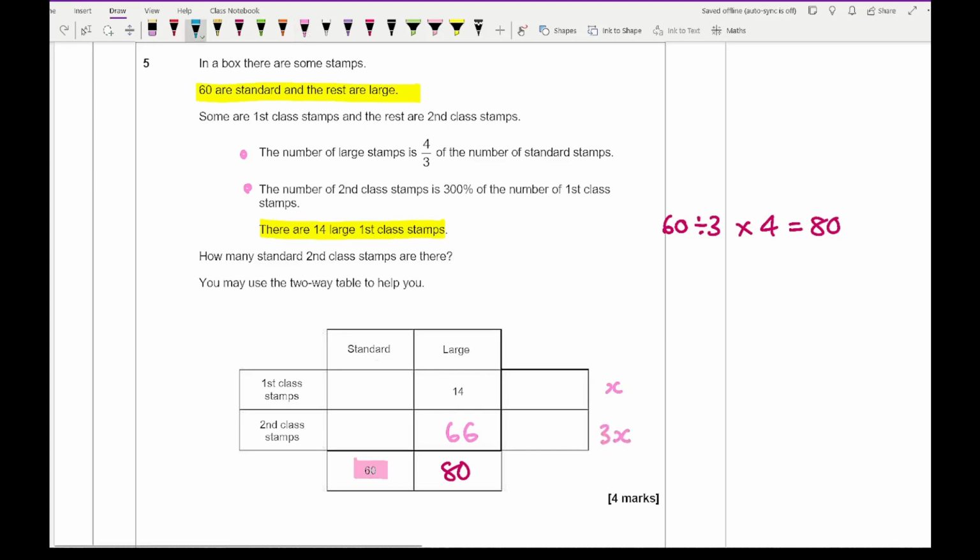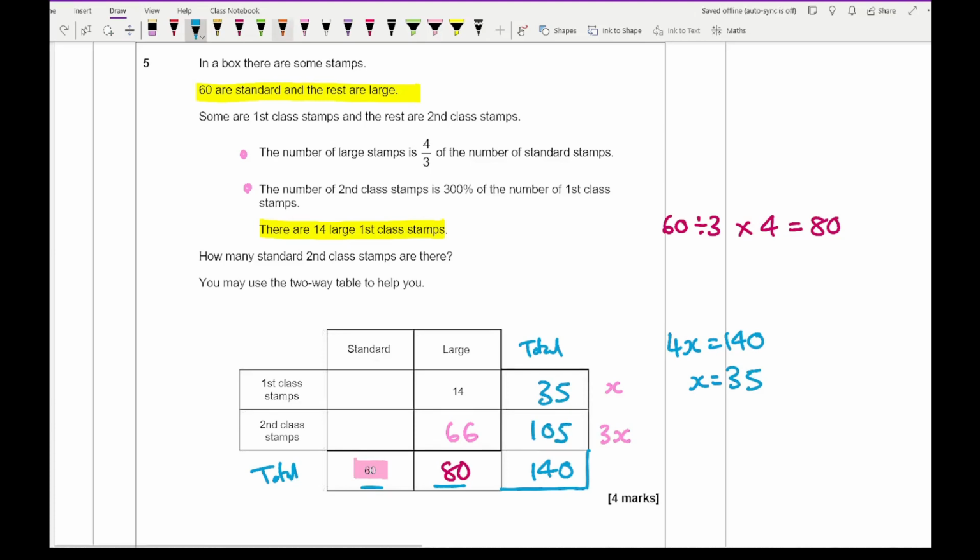Now one thing that I can also do is work out what the total is going to be, by adding up these two numbers here, which is 140. So that means that 4x equals 140, which therefore means that x equals 35. So then 1x is going to be 35 and 3x is going to be 105.